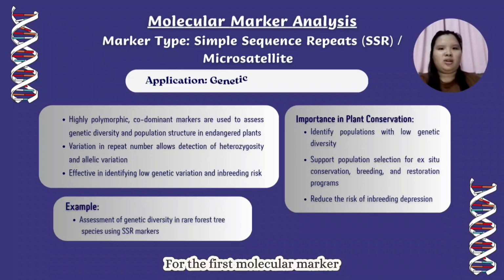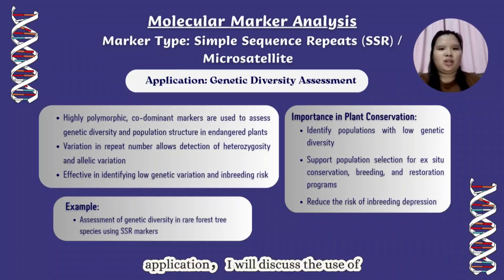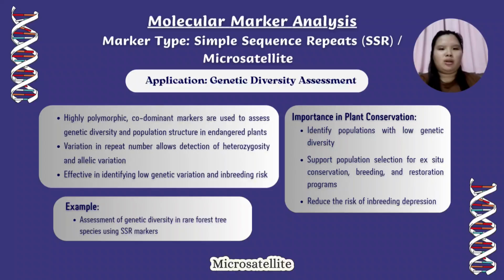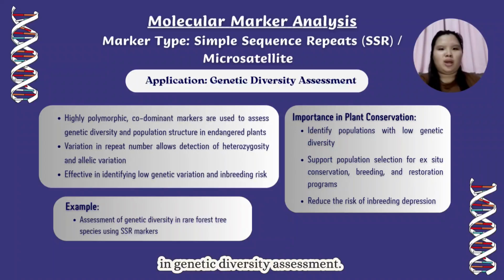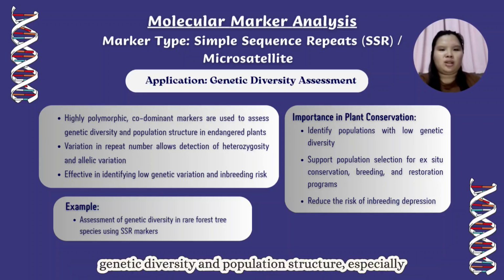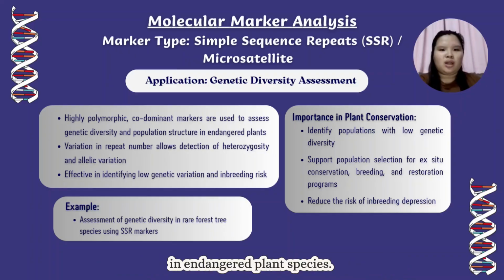For the first molecular marker application, I will discuss the use of simple sequence repeats, or microsatellites, in genetic diversity assessment. SSR markers are highly polymorphic and codominant markers used to assess genetic diversity and population structure, especially in endangered plant species.